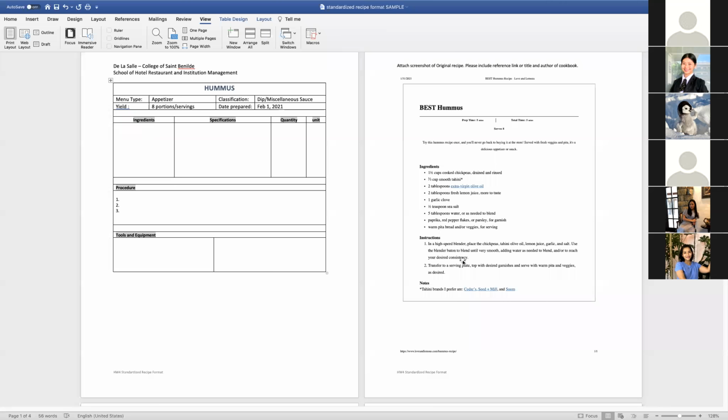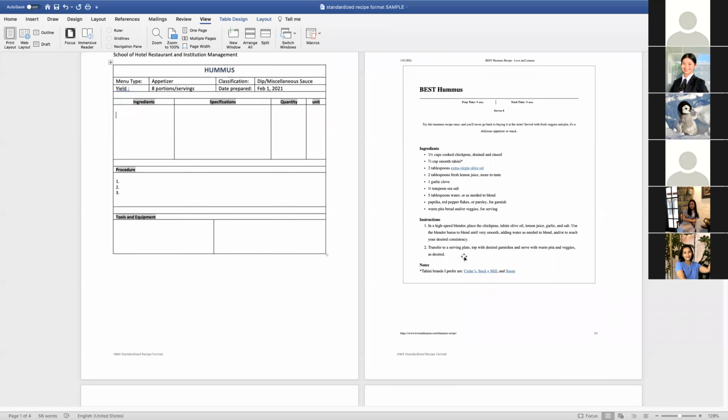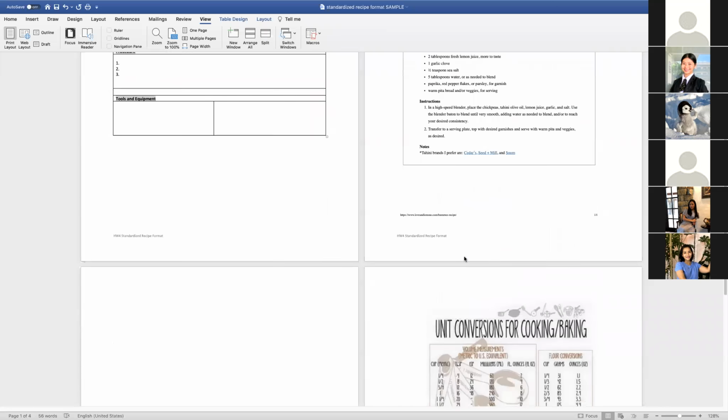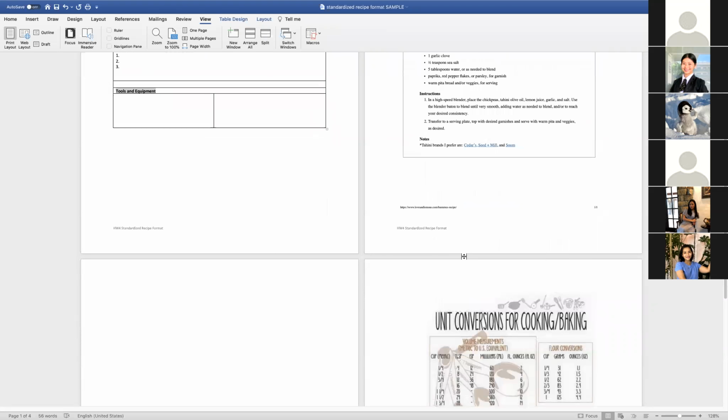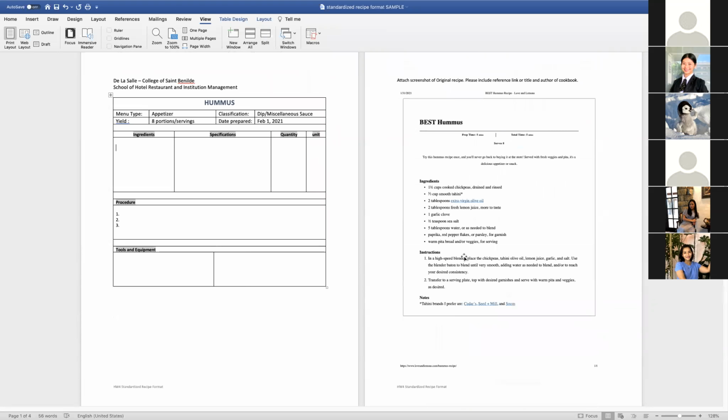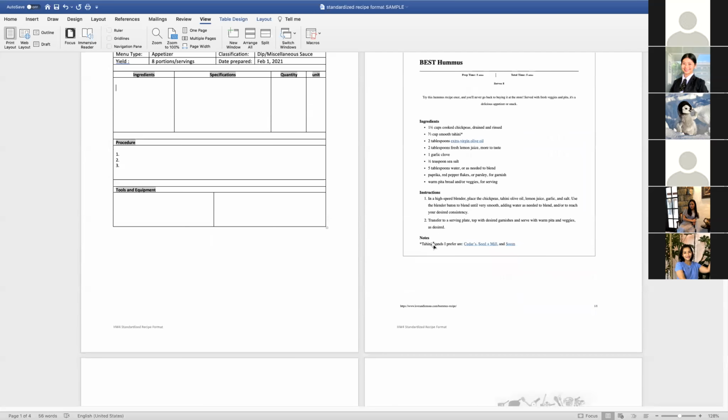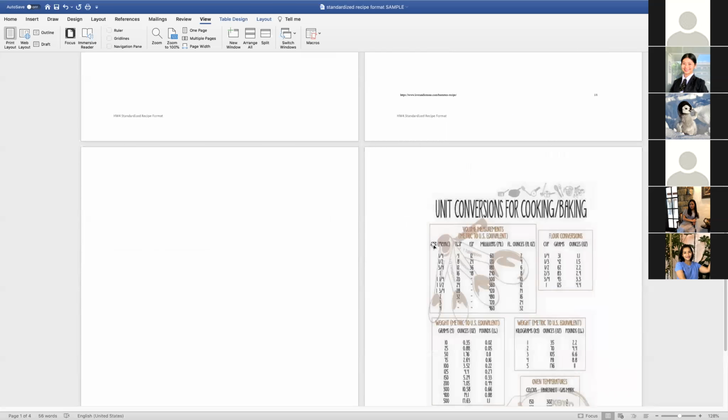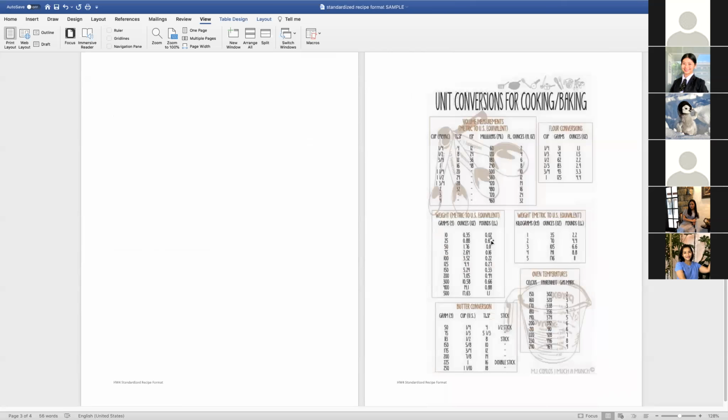Now, speaking of ingredients, I know you are not all culinary arts students, but for the ingredients, you need to learn to use the metric system. So what is the metric system? I included this also in the format, the metric conversions.